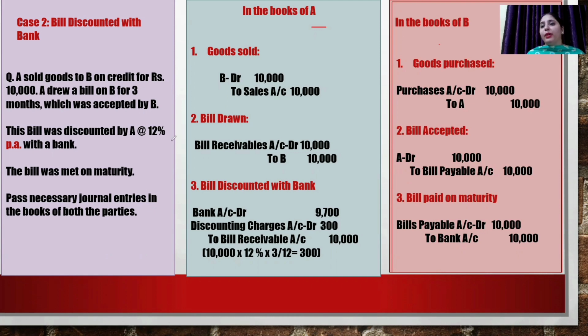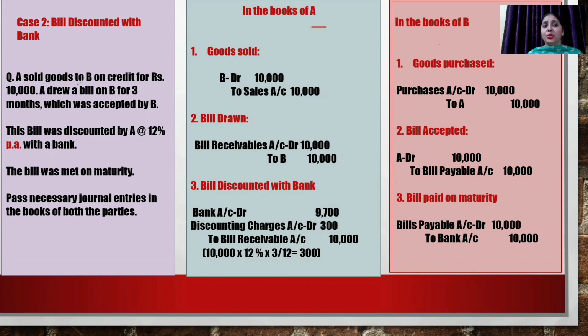Now, the bank will not give you the full amount because you are borrowing money against a security whose tenure ends after a certain period of time. So for this, the bank will take some amount as charges, and those charges are known as discounting charges.